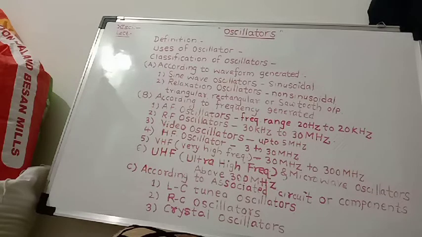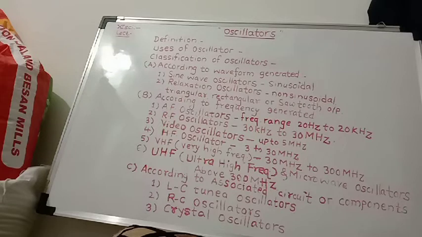Second, in radio and television broadcasting, carrier signals in the HF or VHF range are produced by using oscillators. These oscillators are also used for testing radio or TV circuits.